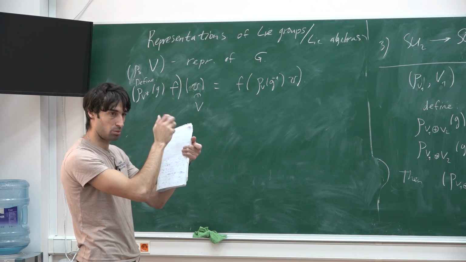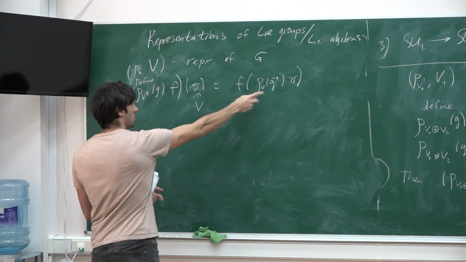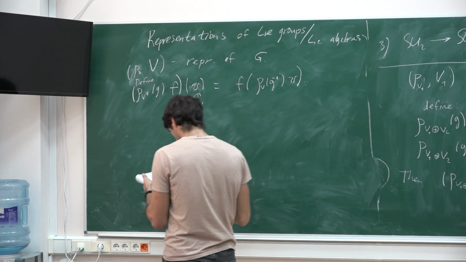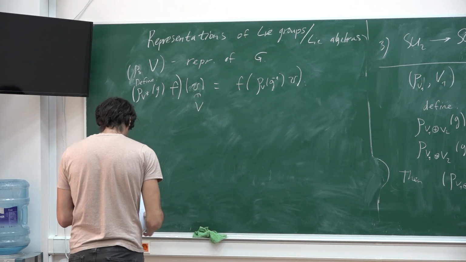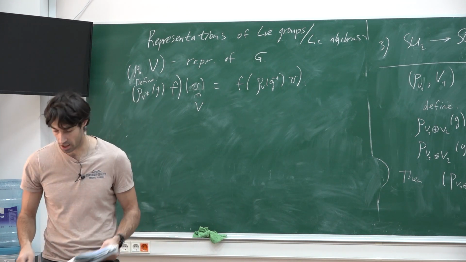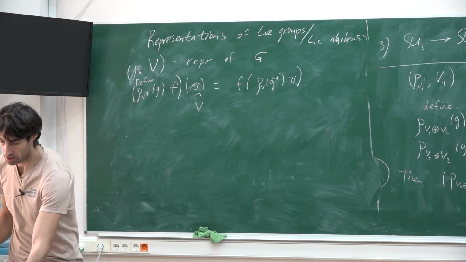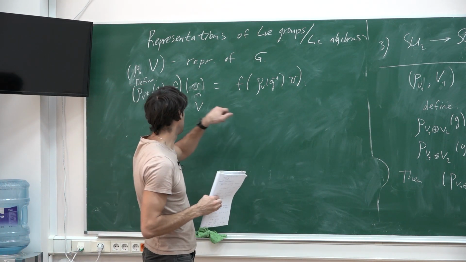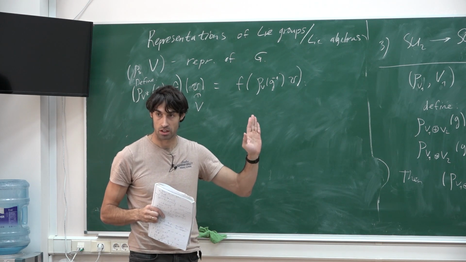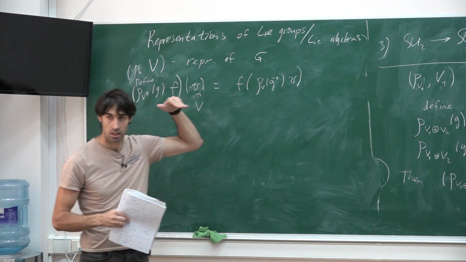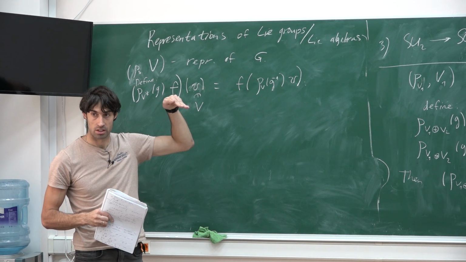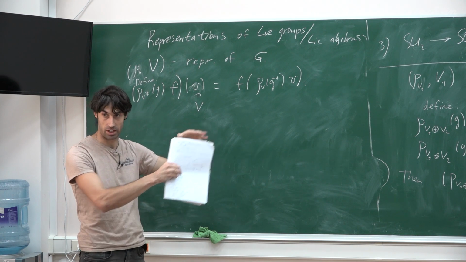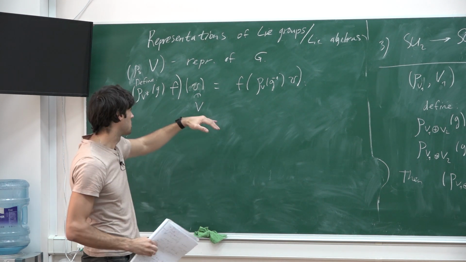Then you have to twist it by another anti-homomorphism, which is taking G inverse. Yes, so you can naturally think of elements of V as column vectors. Then elements of V star are row vectors, and you pair them just by multiplying. It's just the dot product then.